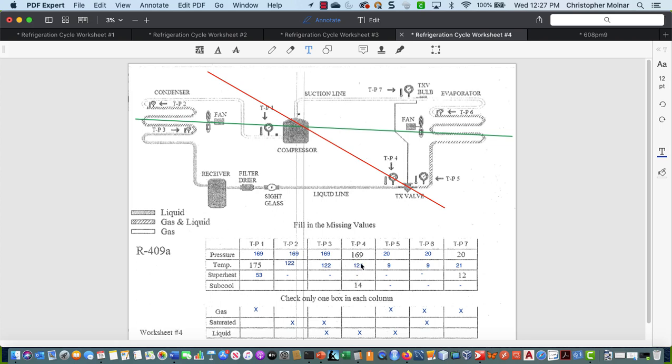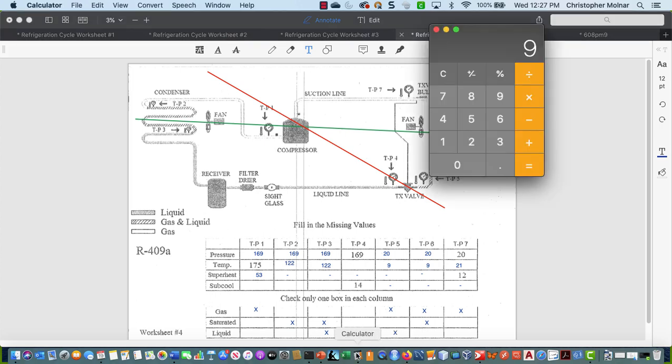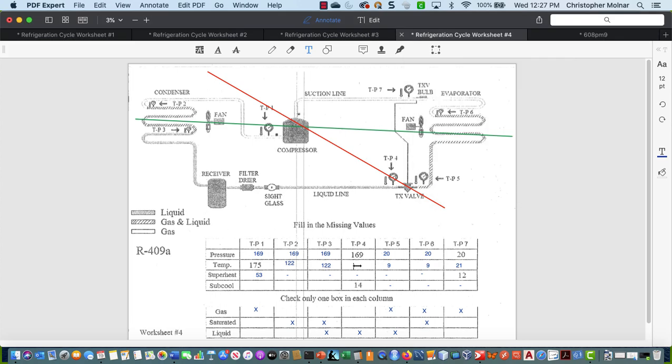Now, TP4, remember we have subcooling. So right there, TP4. I now have to take my 122 and subtract 14. So we go over to my handy calculator and I find my 108 degree temperature, because again, my condensing temperature is 122.